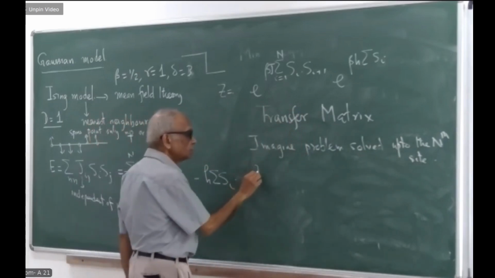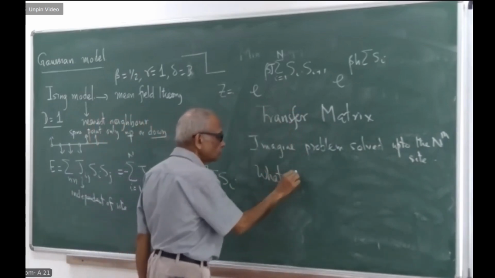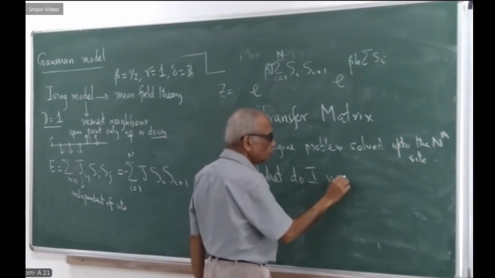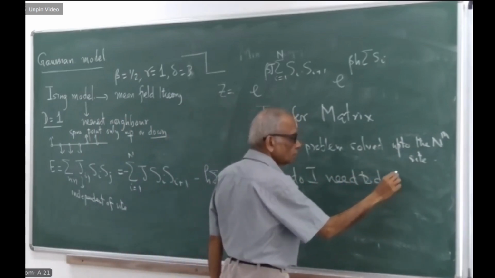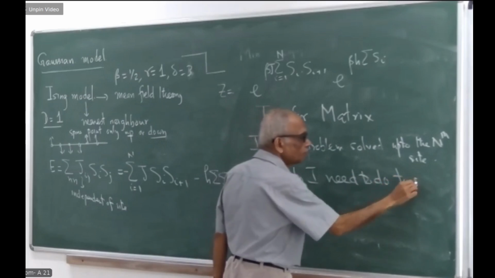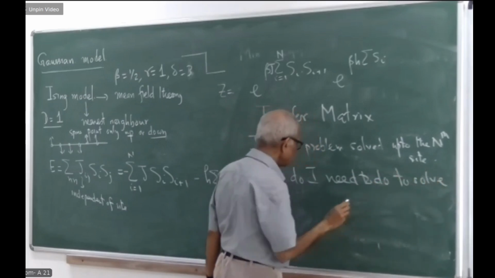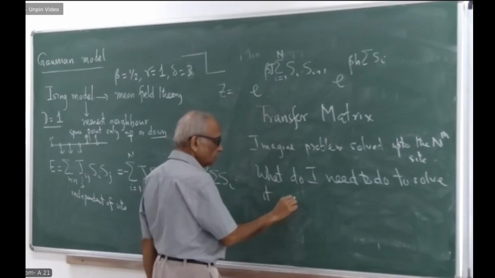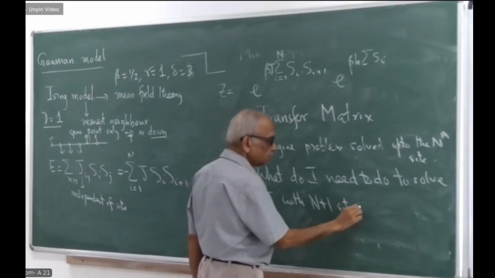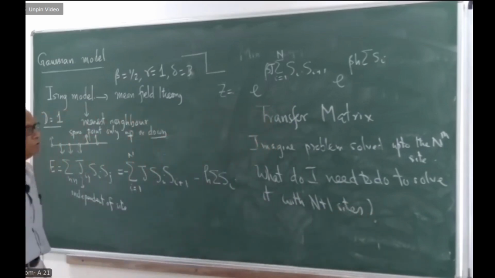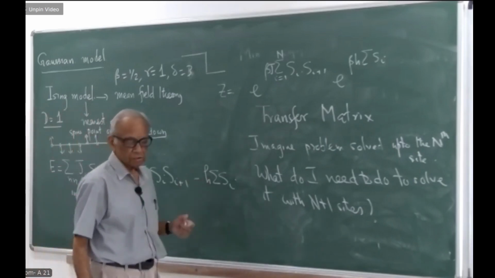And the question is, what do I need to do to solve it with n plus 1 sites? That is the question. So you imagine that it is solved with n sites, and then I need to know what do I do if.